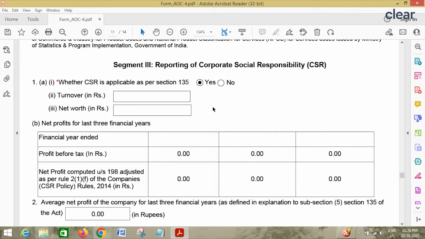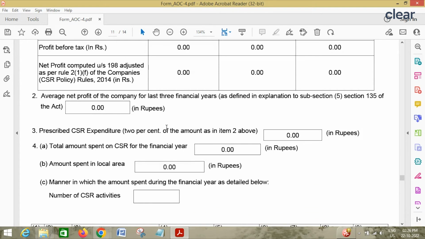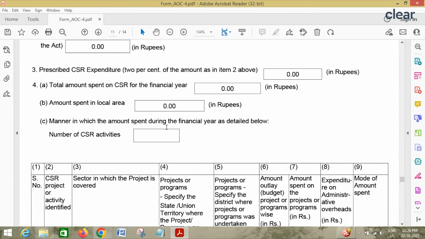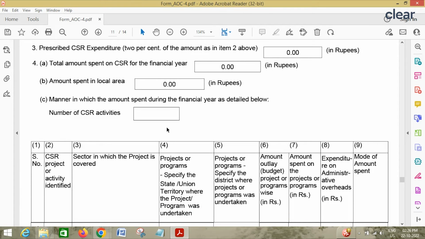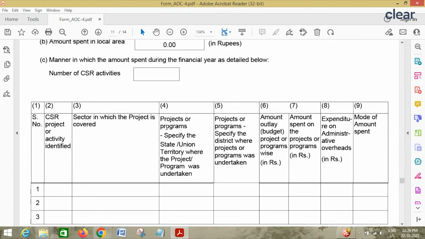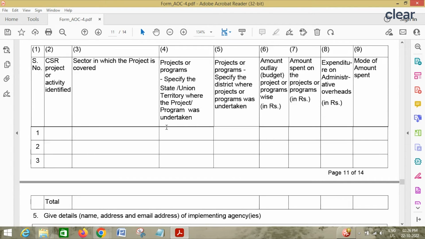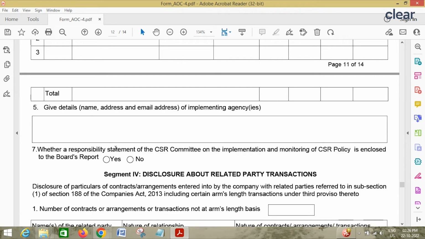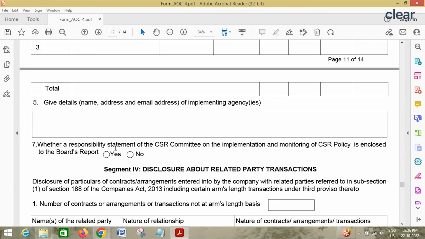If yes, you need to enter the details such as turnover of your company, net worth of your company, net profits for the last 3 financial years, average net profit of the company for last 3 financial years, the prescribed CSR expenditure, total amount spent on CSR for the financial year, the amount spent in local area, the manner in which the amount is spent during the financial year, the number of CSR activities, the details related to CSR projects, and even the details relating to the implementing agencies, if any.